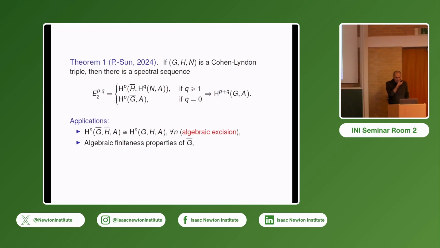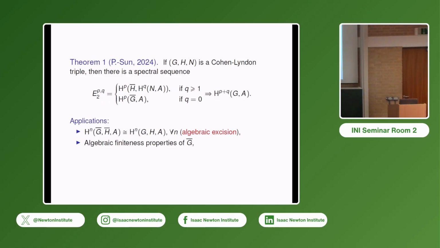Another thing that we can conclude from here is algebraic finiteness properties of G bar, because whenever you have a pair of a group and a subgroup, you have a long exact sequence in cohomology corresponding to that pair.